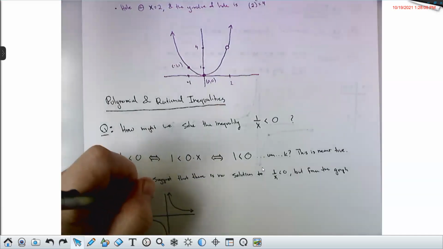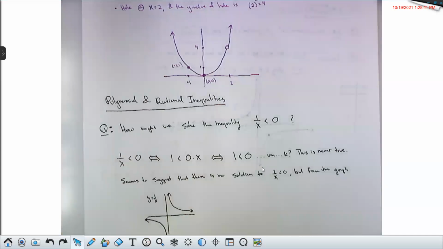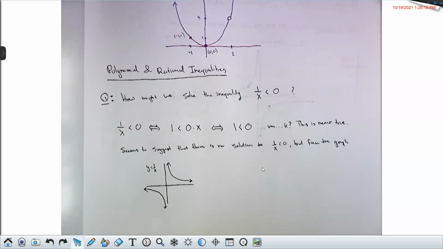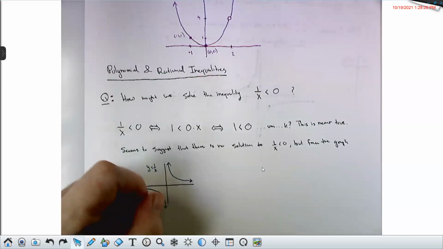All right, here's the graph, y equals 1 over x. So 1 over x is less than 0 would be all of the x values where this graph is below the x-axis. And there are plenty of them right in here, right?